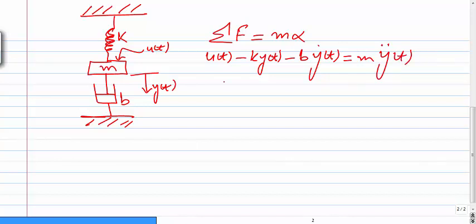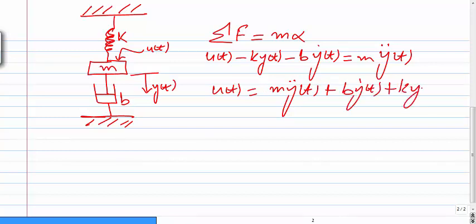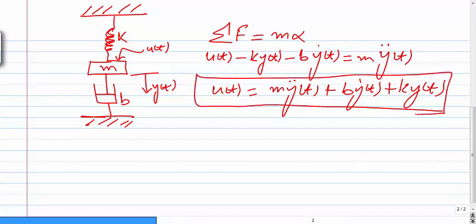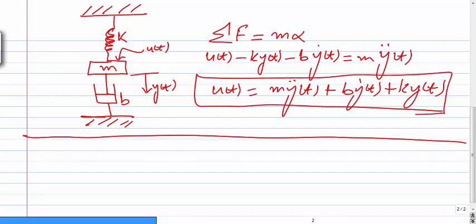So this is the equation you can get, or some people write u of t is equal to m y double dot of t plus b y dot of t plus k y of t. This is the way you usually write the equation for this system.